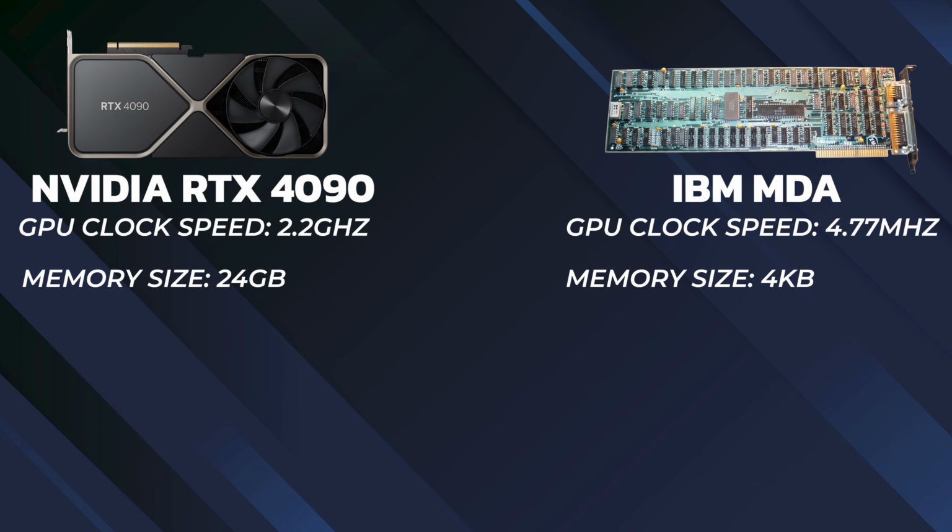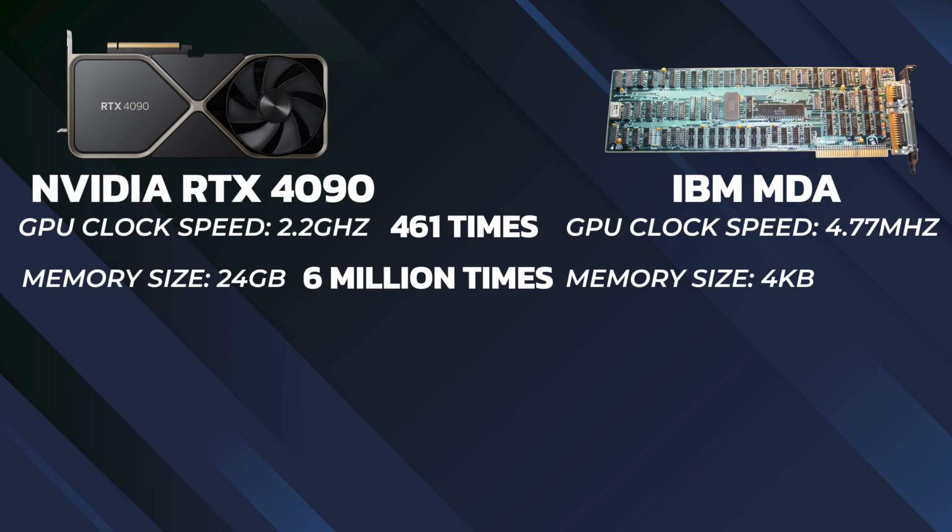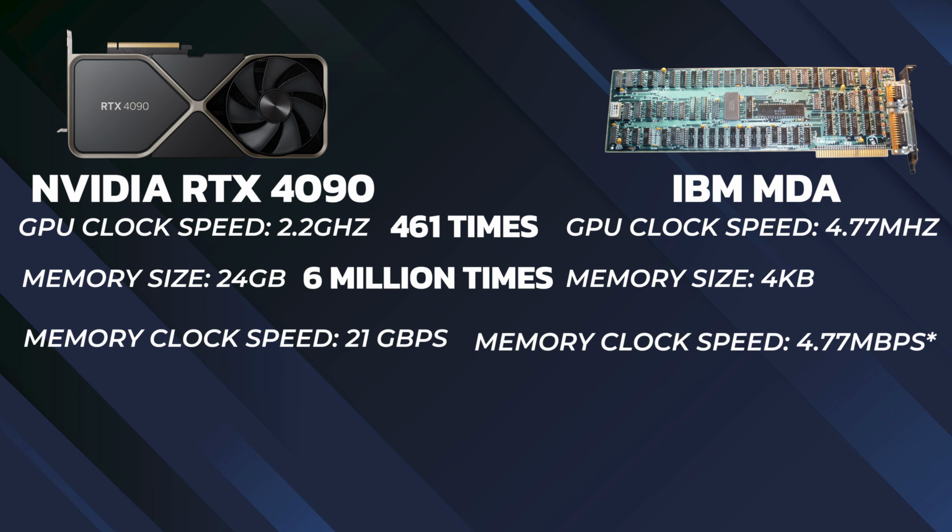GPU clock speed difference: RTX 4090 has 2.2 GHz base frequency while IBM MDA has 4.77 MHz, equals 461 times. Memory amount difference: 24 GB versus IBM MDA's 4 kilobytes, equals 6 million times. Memory speed difference: 21 gigabits per second versus 4.77 MHz, equals 4,400 times.